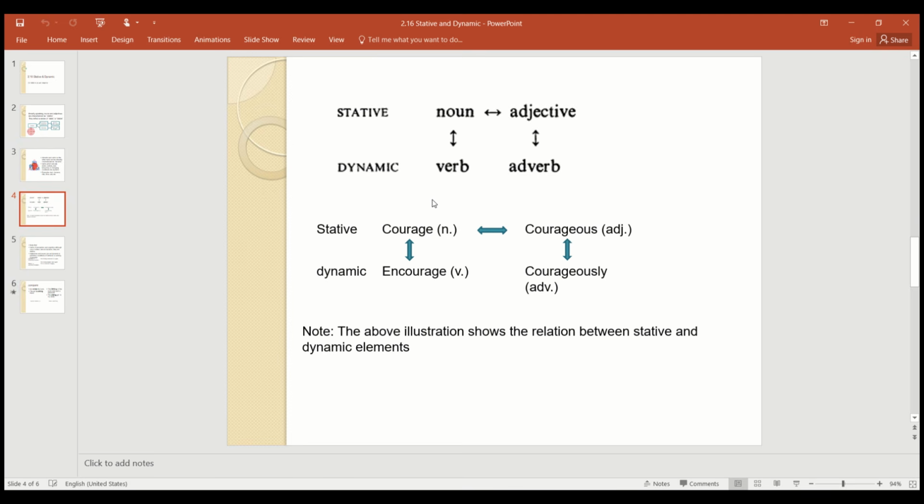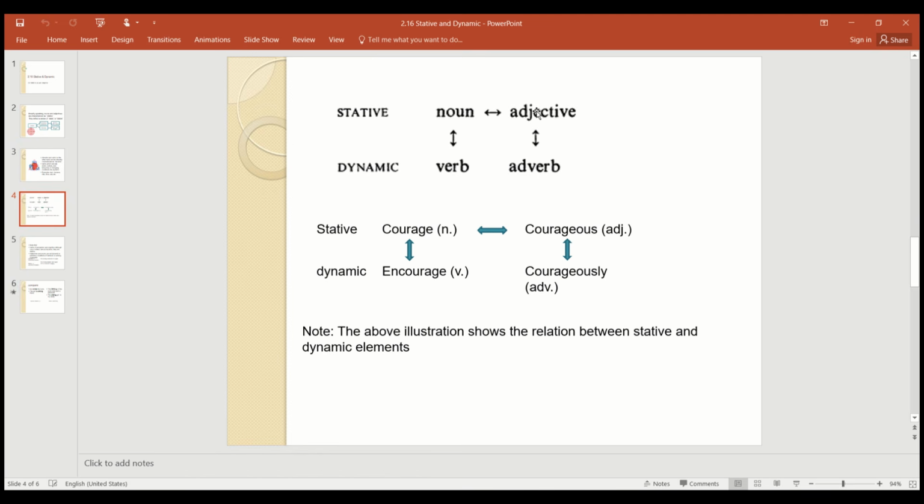They are not two different separated worlds of elements, but they are related to each other. They can be derived from one another. This is what is meant by this diagram. You have nouns that are in relationship with adjectives. You see these two-sided arrows; it means that there is a reciprocal relationship between the elements.